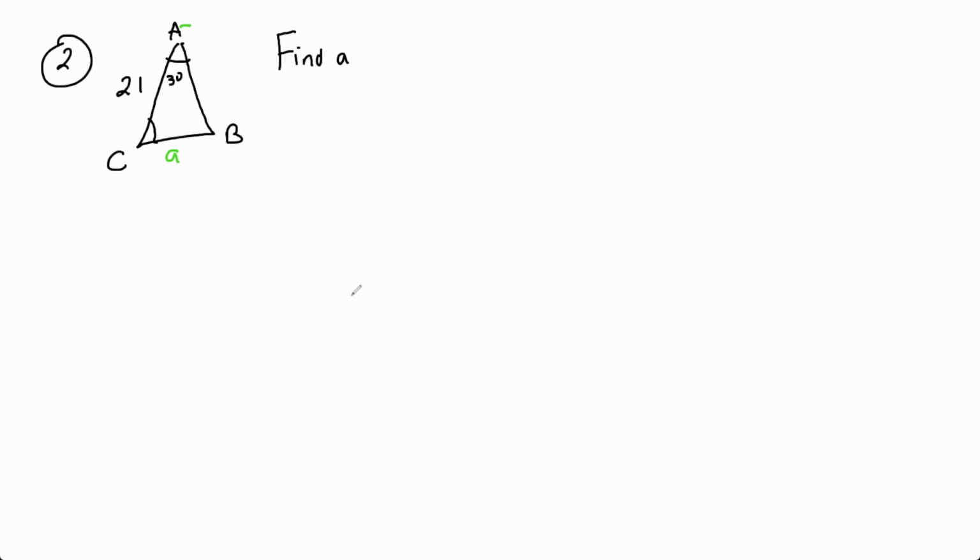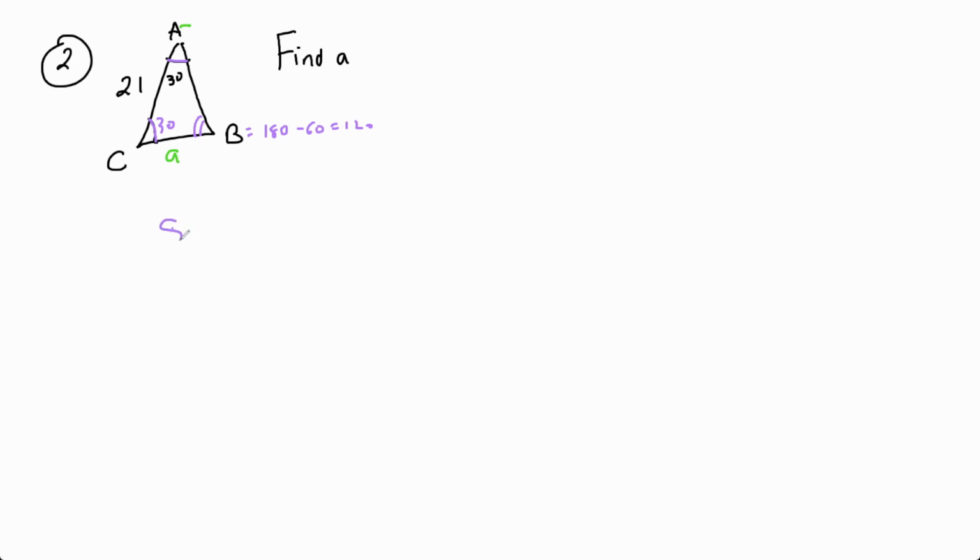And what I want to show you here is, keep in mind this is a congruency marker, and I've been given this angle at 30 degrees. So I know that this is 30 degrees. If I add those together, I have 60, and that means that B is equal to 180 minus 60, so that's 120 degrees. And that now gives me a known angle right here and its opposite side.